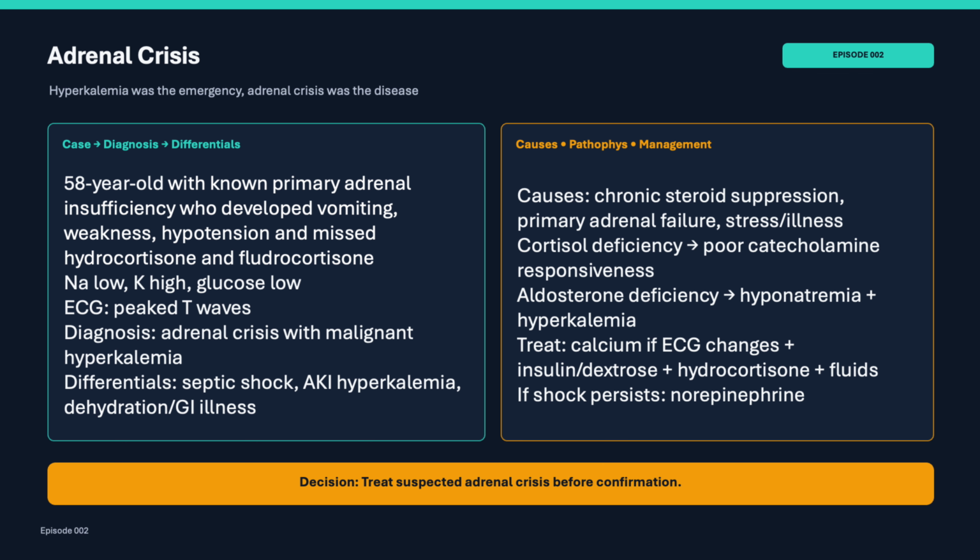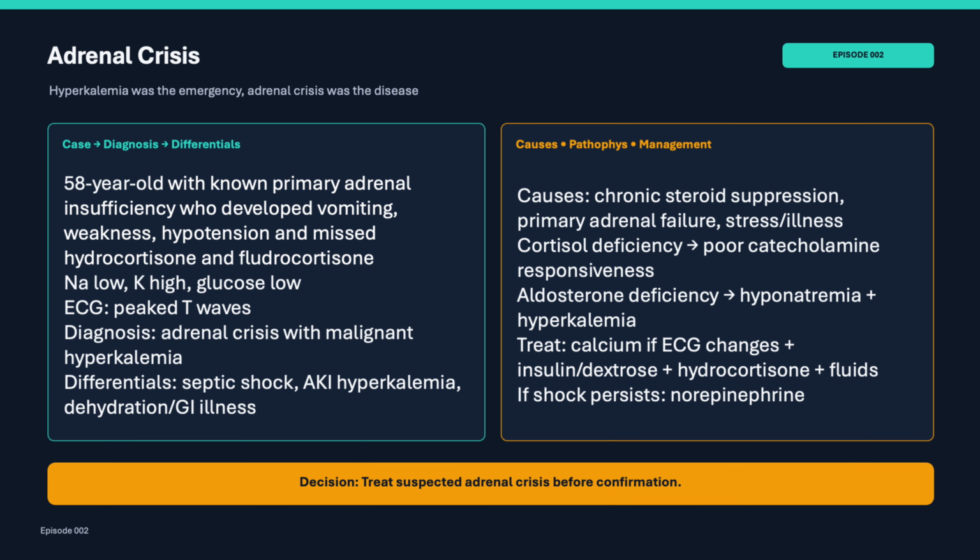Aldosterone normally promotes sodium retention and potassium excretion. Therefore, aldosterone deficiency causes sodium loss, volume depletion, hypotension, and hyperkalemia. Cortisol deficiency also impairs gluconeogenesis and contributes to hypoglycemia, especially during illness or fasting.